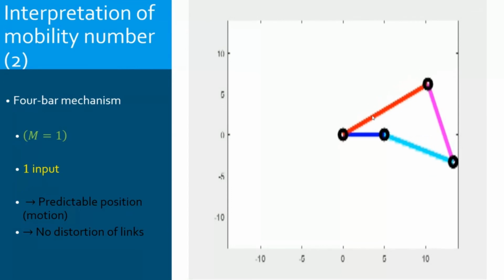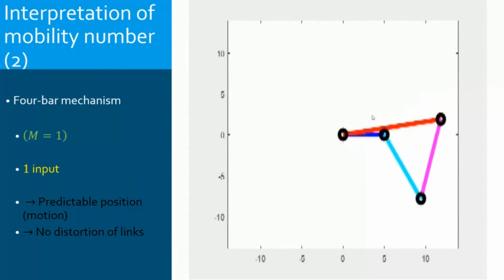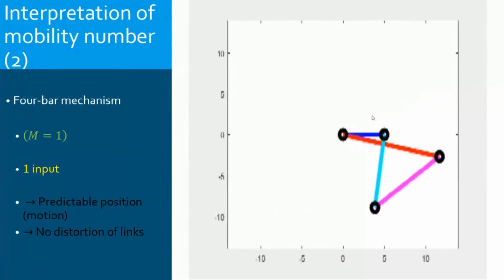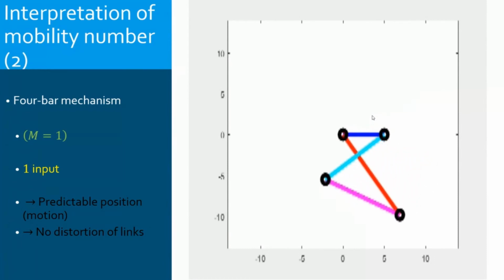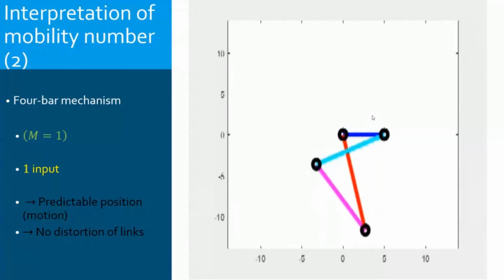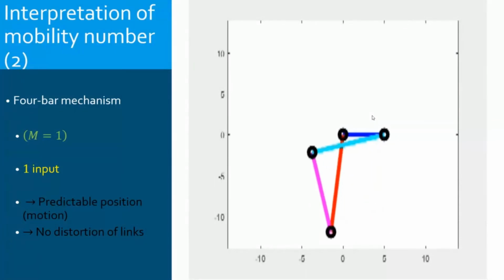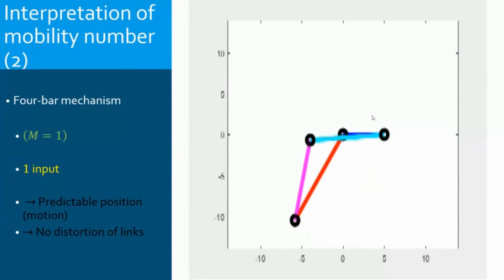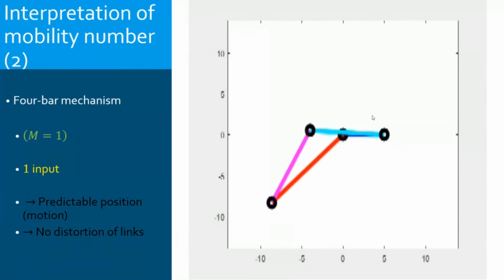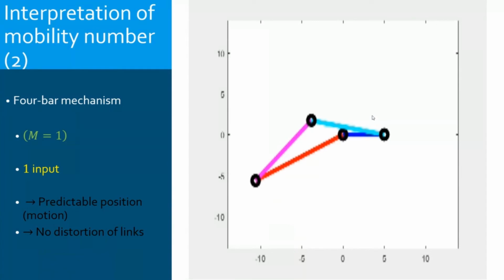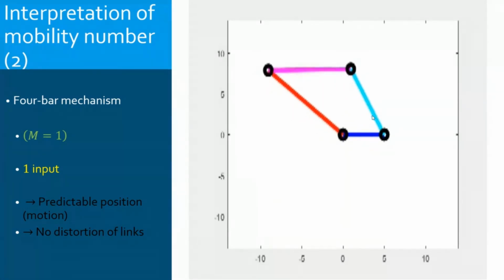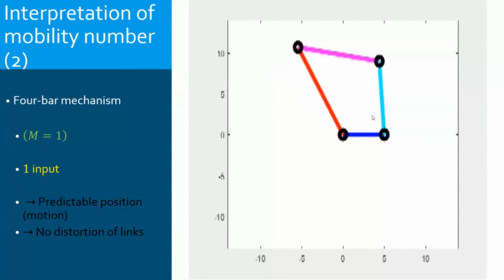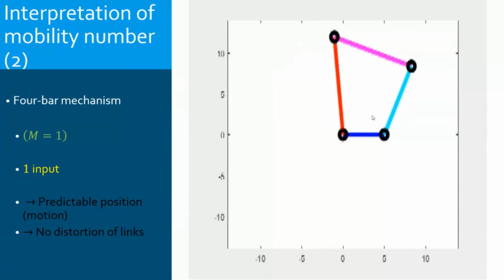So it's important to know a mechanism's mobility in order to determine how many inputs it can take, that is, how many degrees of freedom can and should be controlled externally.